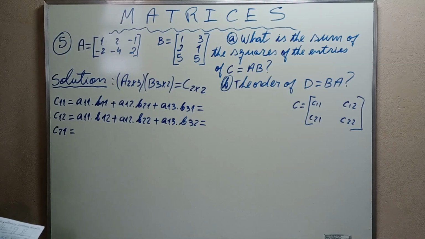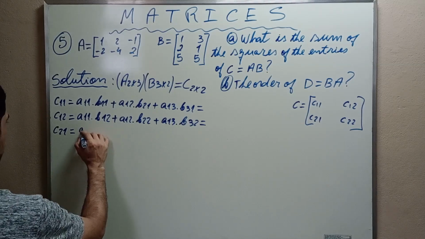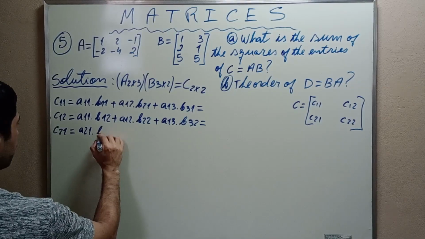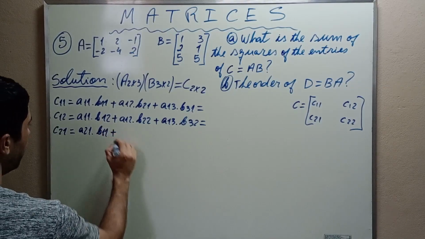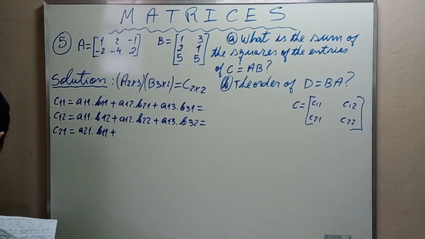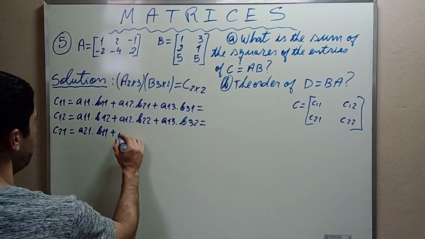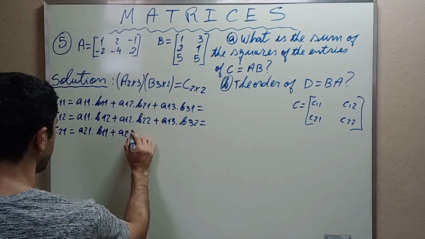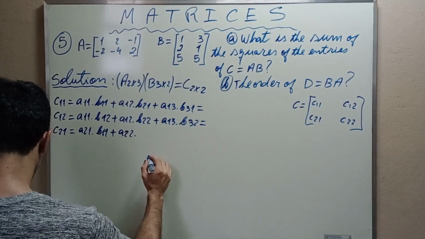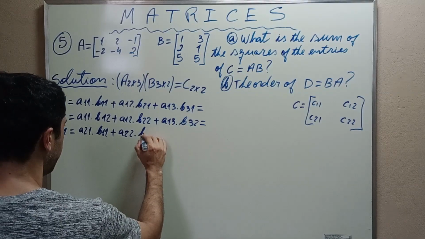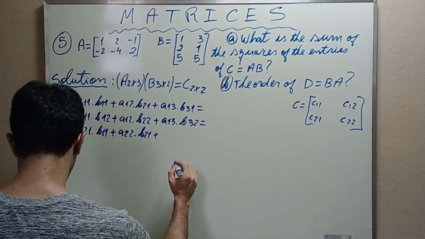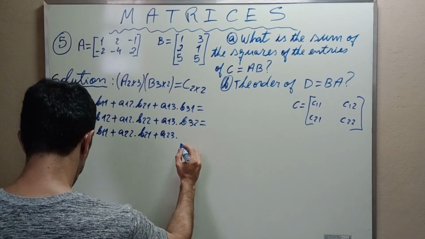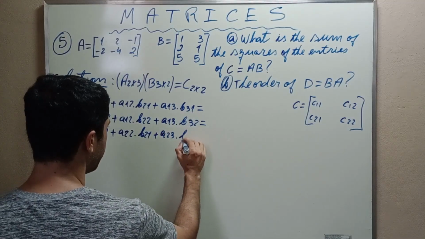So it is going to be A21 times B11 plus A22 times B21 plus A23 times B31.